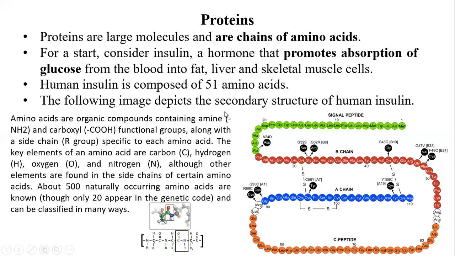The following image depicts the secondary structure of the human insulin. ओके अब जो प्रोटीन है उसकी जो कॉम्बिनेशन है यू कैन से दैट कि उसका जो स्ट्रक्चर बनता है दीज आर अमाइनो एसिड्स आर ऑर्गेनिक कंपाउंड्स containing the amine and carboxyl group along with the side chain specific to each amino acid. हर amino acid में एक amino acid दूसरे amino acid से किस तरह से attached है with the help of amine, carboxyl group और side chain के साथ.